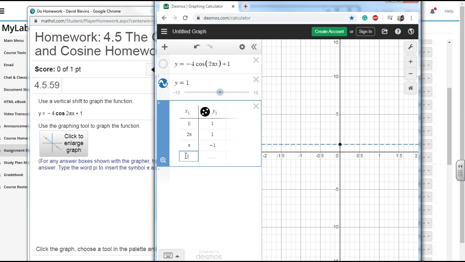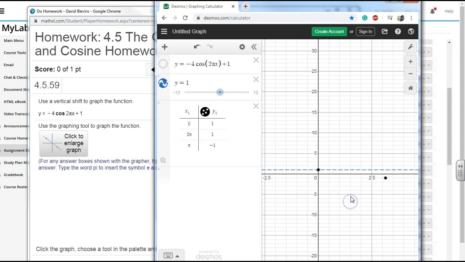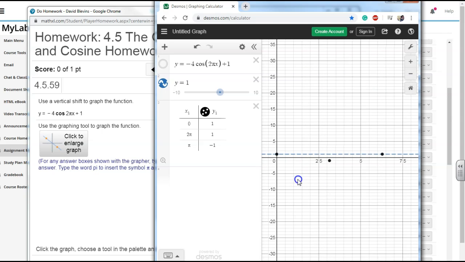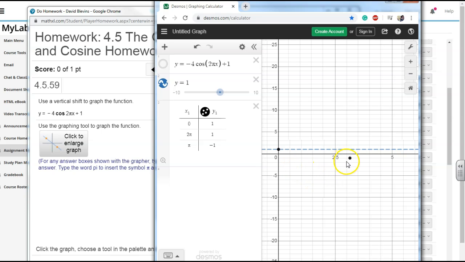And for the quarter points, this is the middle point, this is halfway. Let me zoom out so we can see. This is, again, positive 1, this is negative 1. Halfway between 0 and pi would be pi over 2.